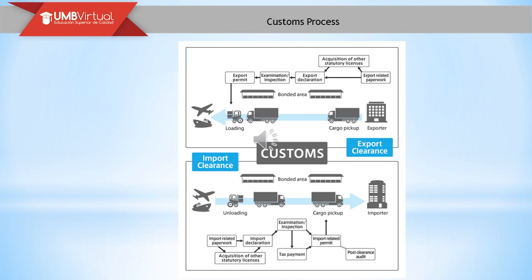We have to pay taxes after that. And there is an inspection that depends on the regulation of the country. In this case, it's going to be Brazil. If they have these regulations, they have to pass inspection. And once it's done and the taxes are paid, the import permit is issued.